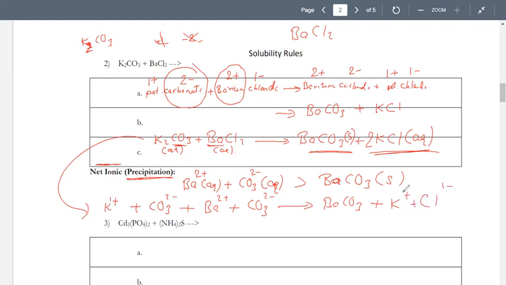You can do it either this way and then cancel the potassium and chloride, and write these two down, or you can just do the other step. So whichever is easy, follow that step.